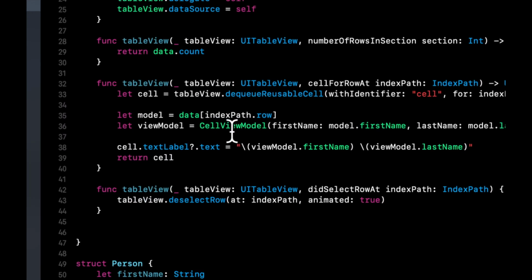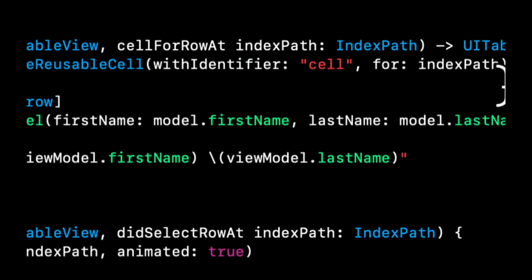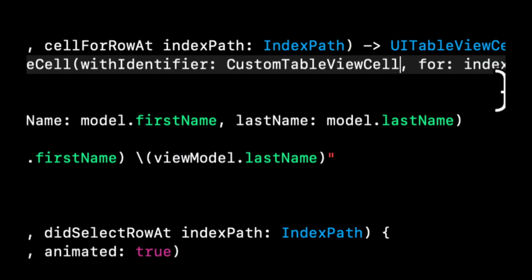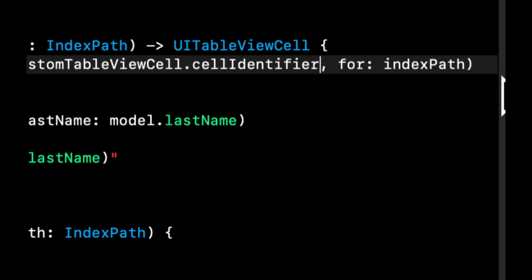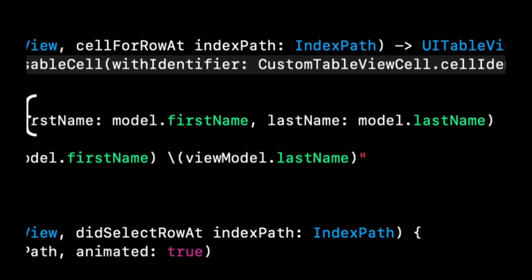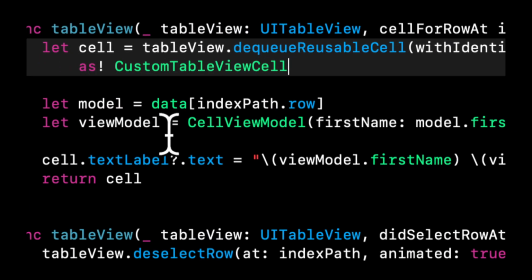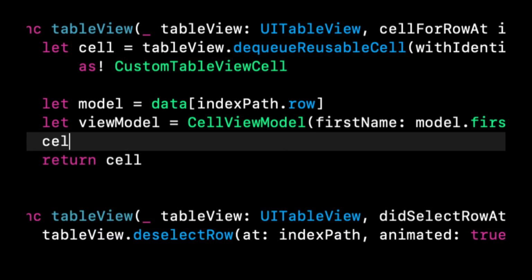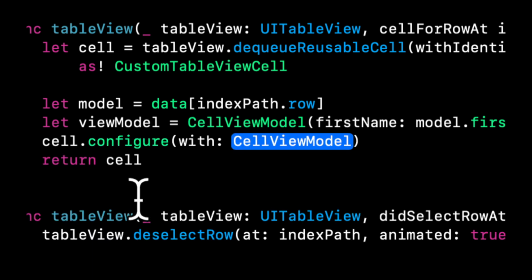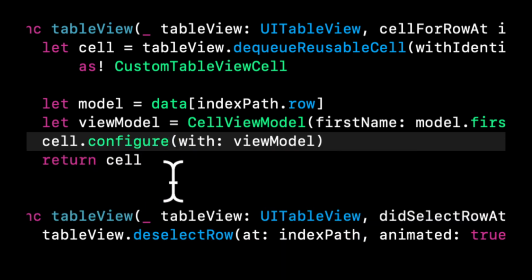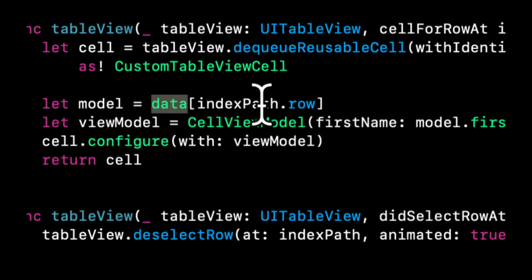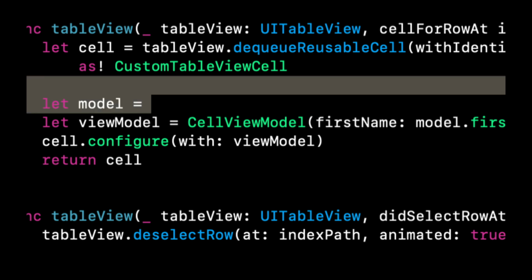And in the cellForRow, what we can do is we can say for this we want this cell.cellIdentifier, and we want to say as this cell. And instead of supplying this text label text stuff directly, what we can do is we can say cell.configure, pass in our view model.